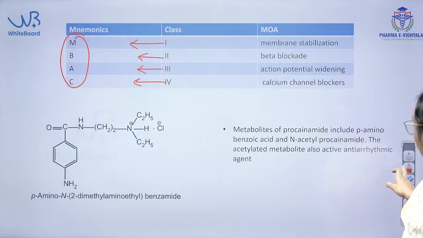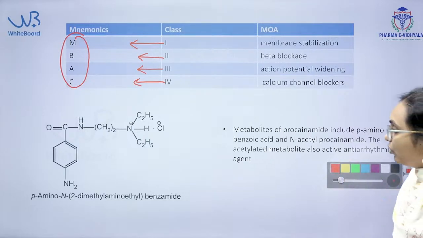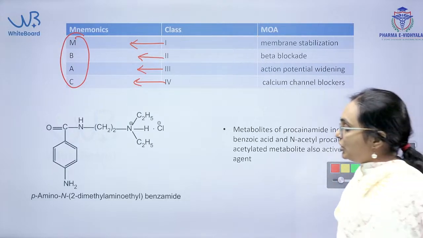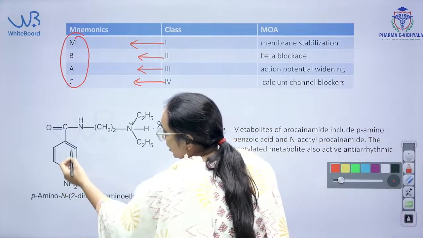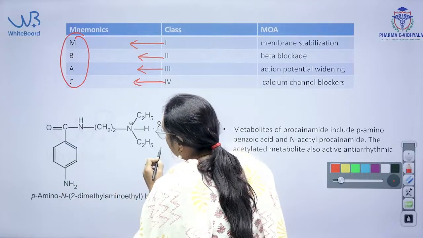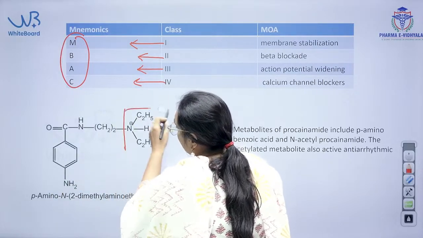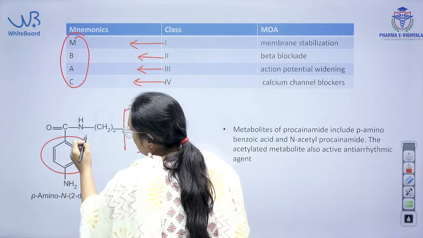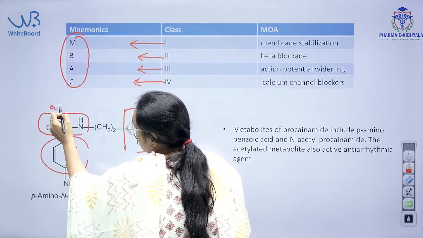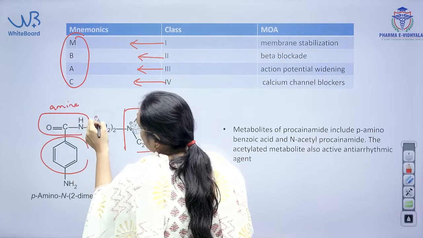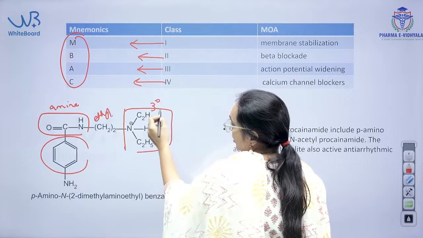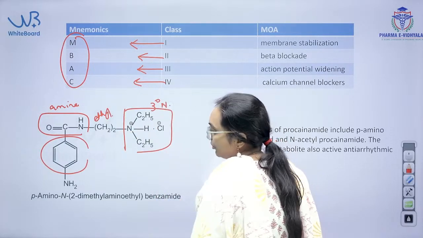Next up, we are discussing procainamide. I want to give the procainamide IUPAC nomenclature. See here, benzene, this is the amide group, this is the ethylene linkage, this is the tertiary nitrogen, the tertiary amino group.